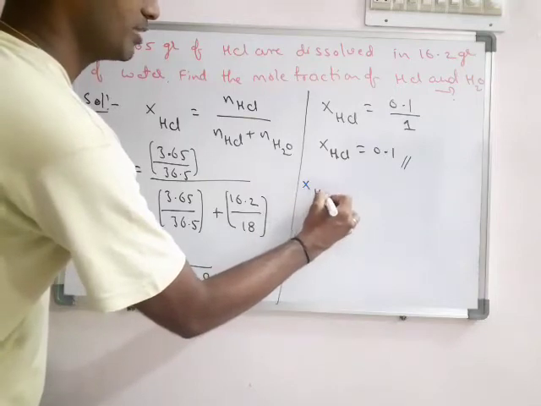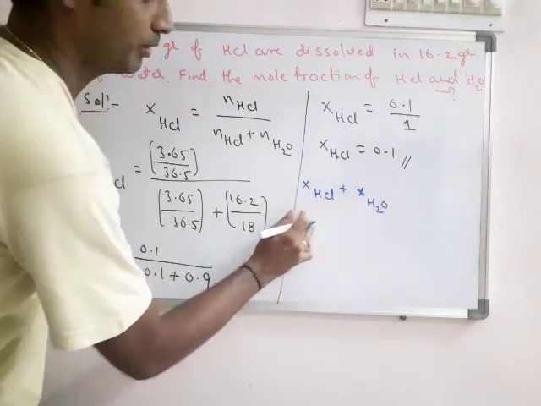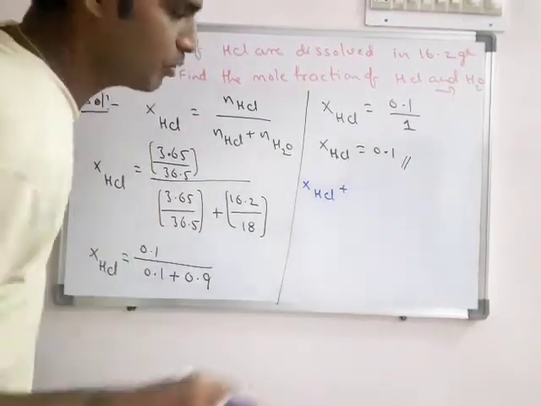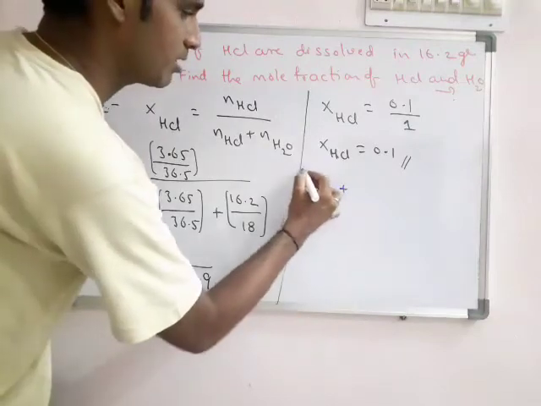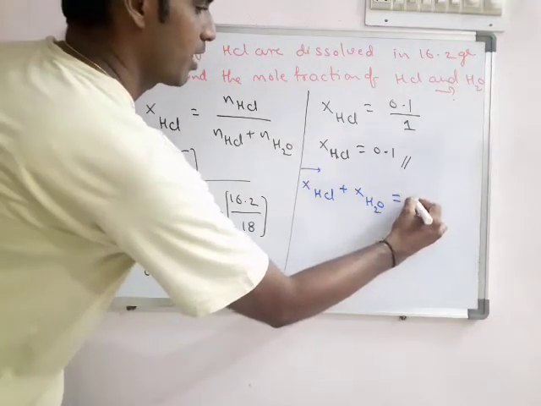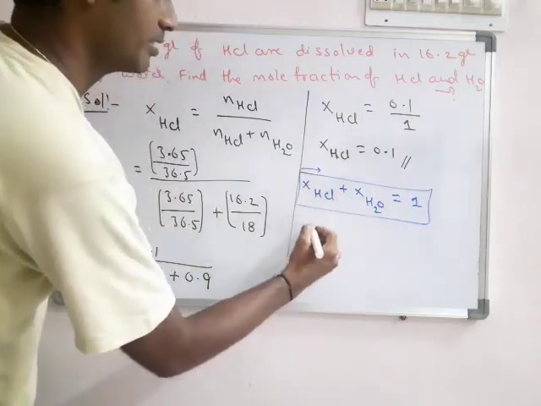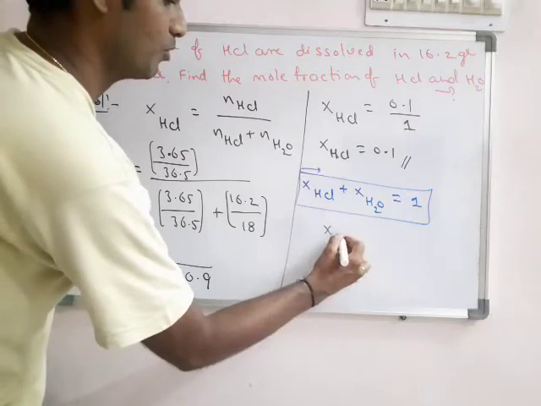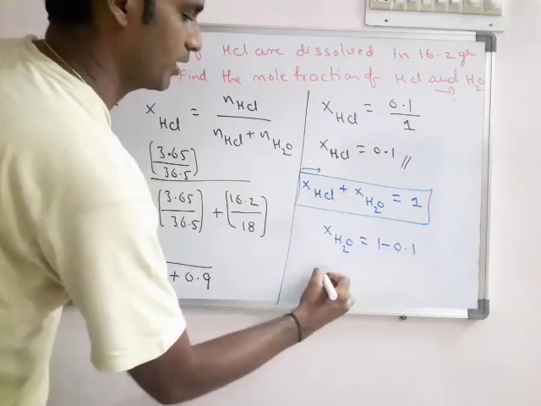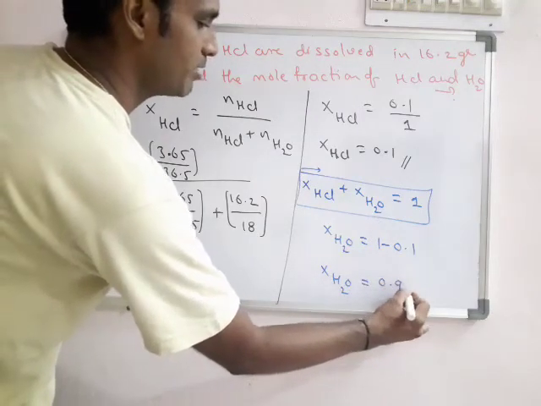We know the relation: for the total solution of two components, HCl and water, the sum of the mole fractions of all components is equal to 1. Just take the formula: mole fraction of HCl plus mole fraction of water is equal to 1. HCl is how much? 0.1. So directly, the mole fraction of water we can write as 1 minus 0.1. The final mole fraction is equal to 0.9.